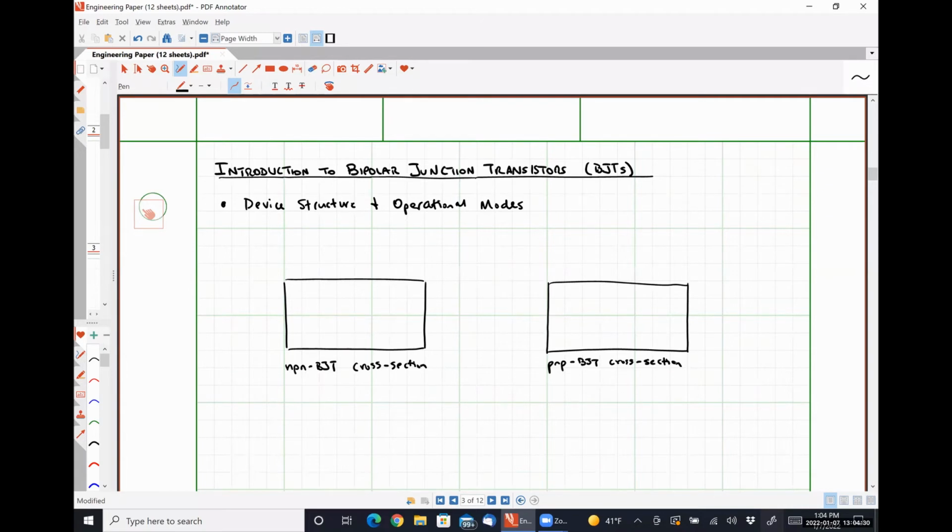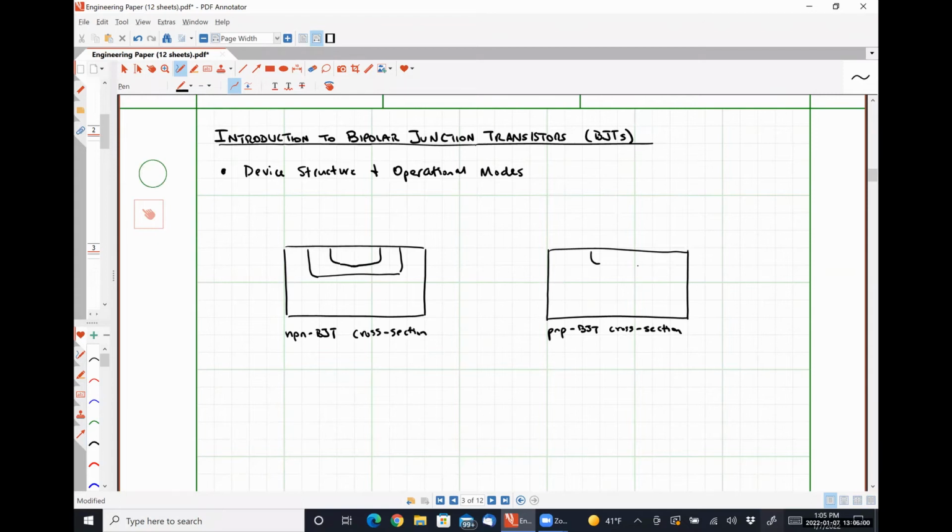And I'm giving you this cross-sectional representation for a very specific reason. And it's to illustrate the areas of the junctions are vastly different. So let me try to draw this real quick.